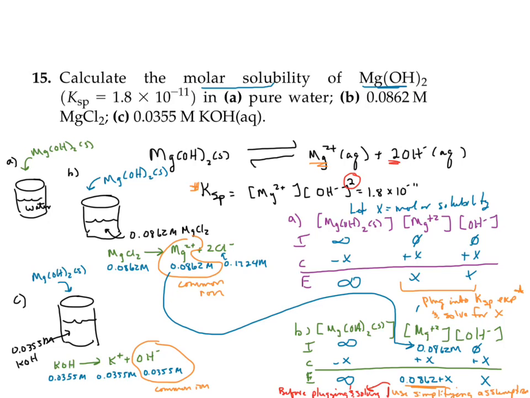The simplifying assumption you need to state here for B would be: if X is significantly smaller than 0.0862, then the quantity 0.0862 plus X is approximately equal to 0.0862.